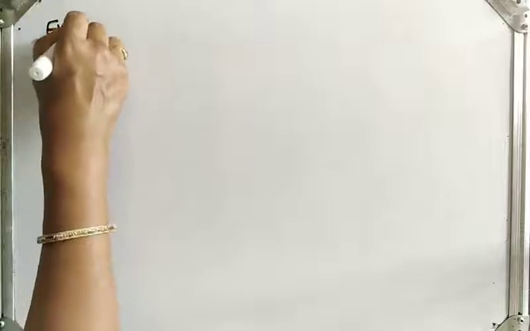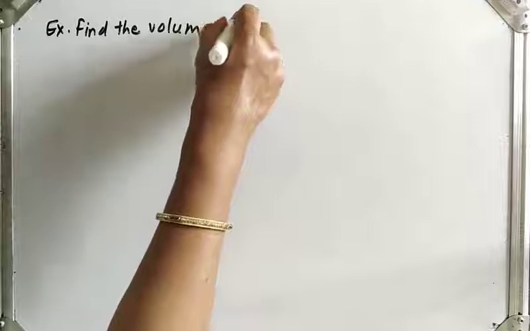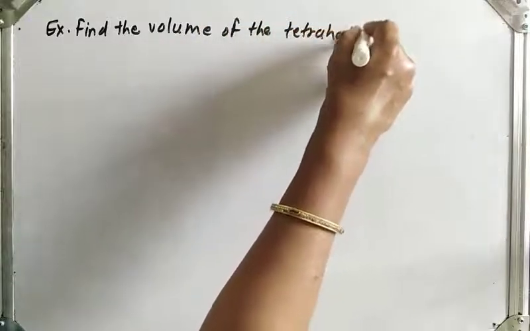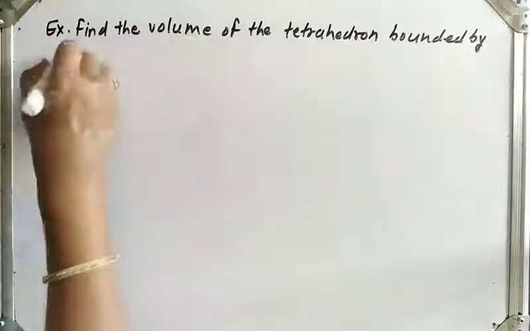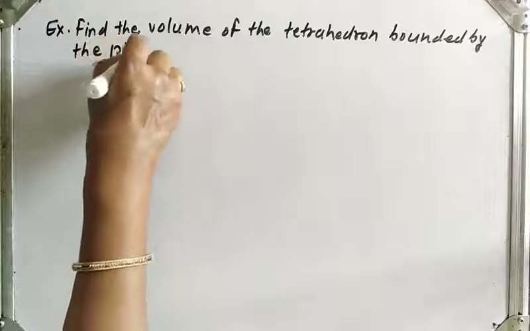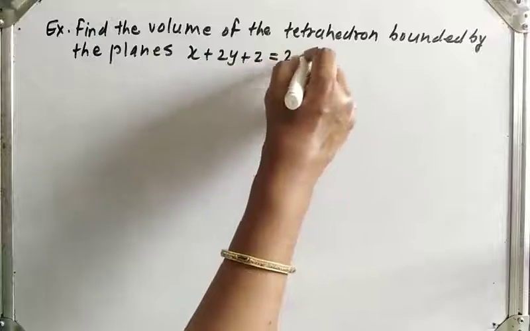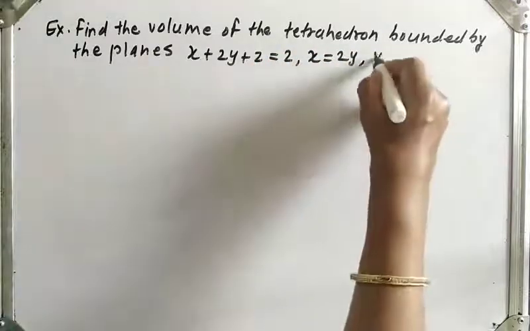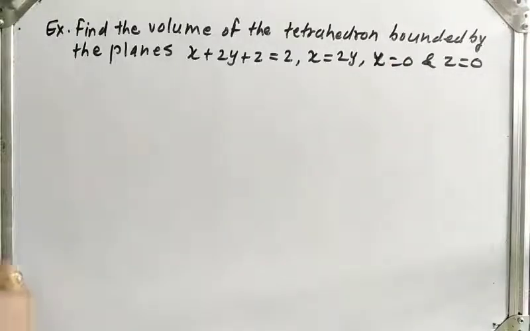Next example is: find the volume of the tetrahedron bounded by the planes x plus 2y plus z is equal to 2, x is equal to 2y, then x is equal to 0 and z is equal to 0.